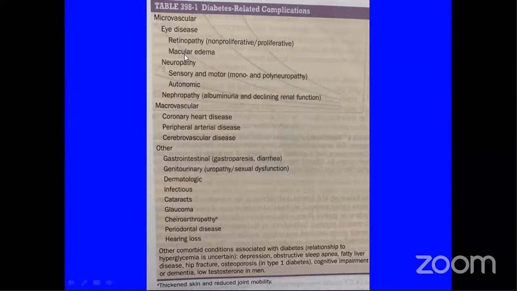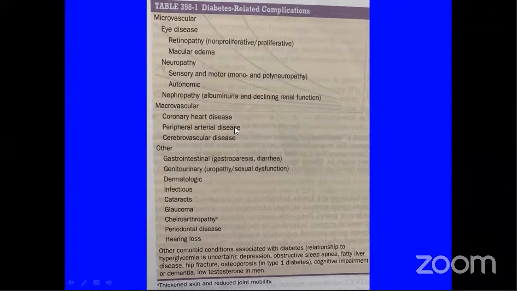Then the macrovascular complications: the common pathophysiology in long-standing diabetes mellitus mainly affects the arteries as well as the capillaries. When it affects the large vessels, it leads to atherosclerosis. It facilitates atherosclerosis, thrombosis, etc.